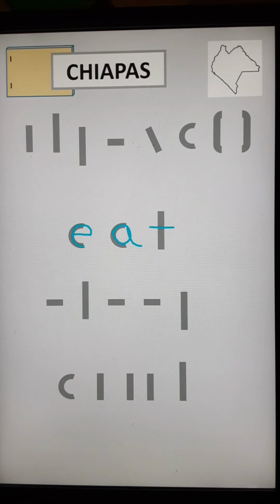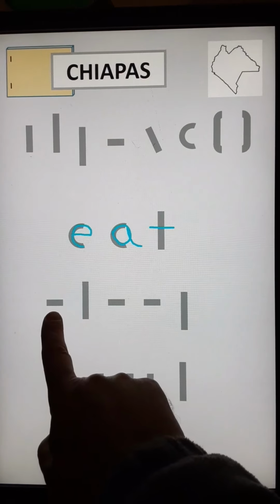The next word is sleep. Sleep starts with a minus, a big, a minus, a minus, and a low. Let's start with the first letter in sleep. Minus can make E, F, S, T, or Z. Okay? If you know what it is, you can add it now.